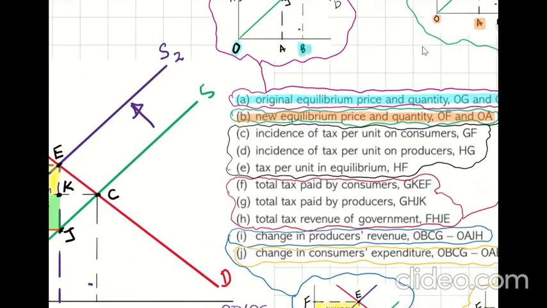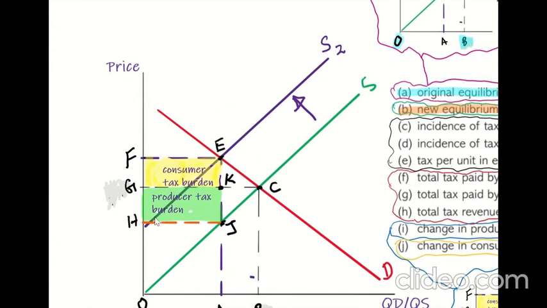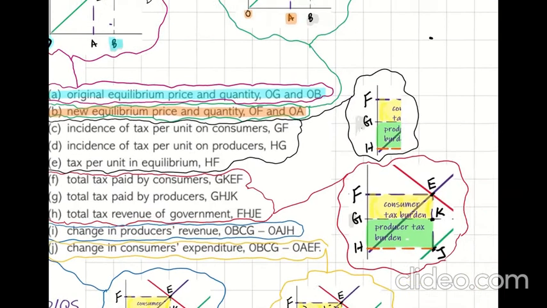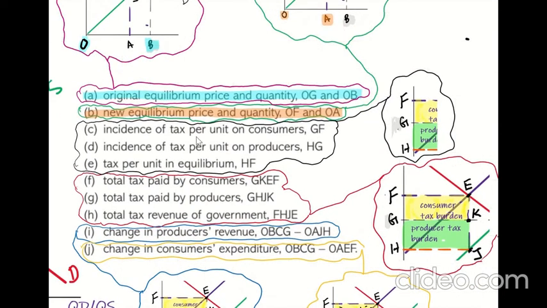So as you can see in the diagram over here, the prices are H, G and F. Keeping this in mind, the incidence of tax per unit on consumers is the area between G and F, whereas the incidence of tax per unit on producers is H and G. Tax per unit in equilibrium would be H and F.